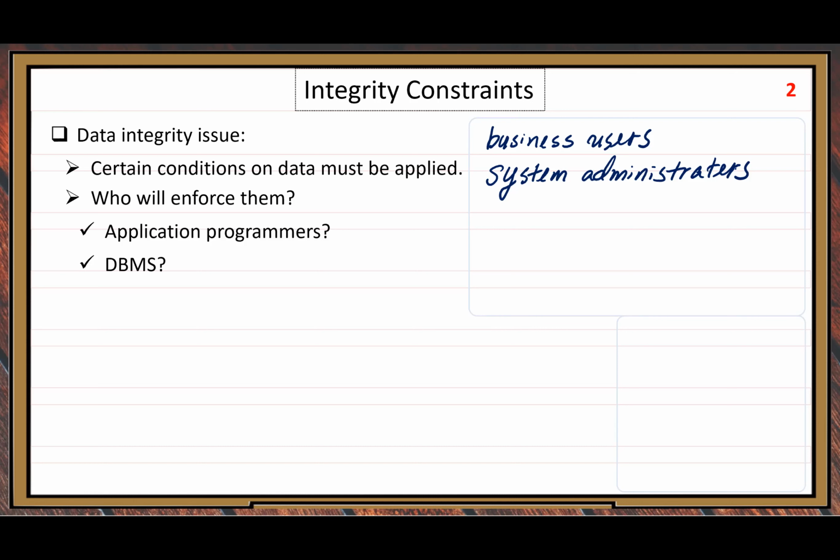For any constraint, we need to tell the DBMS what to do. After that, the enforcement is automatic.